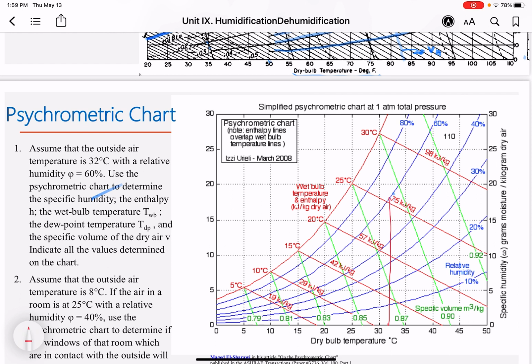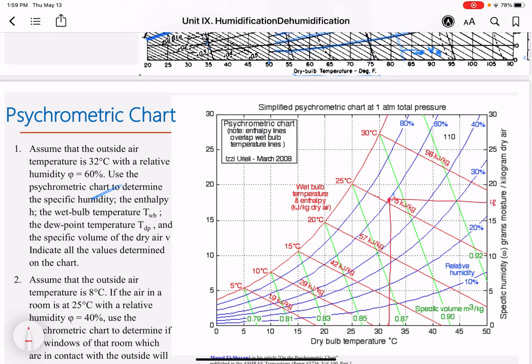So, kung titingnan natin, this is around 18 yung humidity. Since the enthalpy is around 75, lagpas ng konti ng 75, so 76 or 77 yung line. This line here is your H, your enthalpy, or around 77 or 78 kilojoules per kilogram.